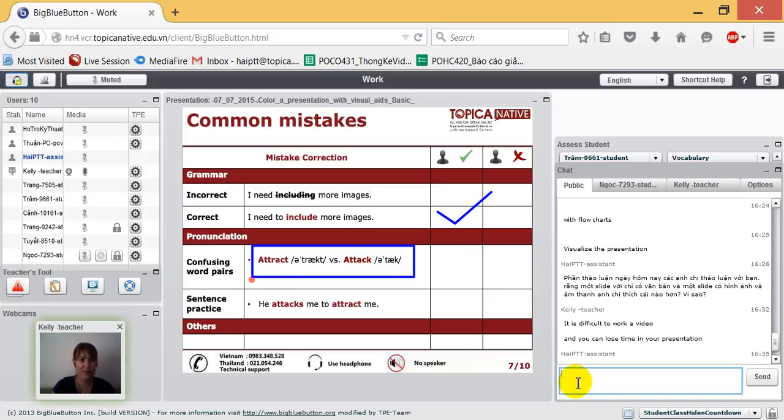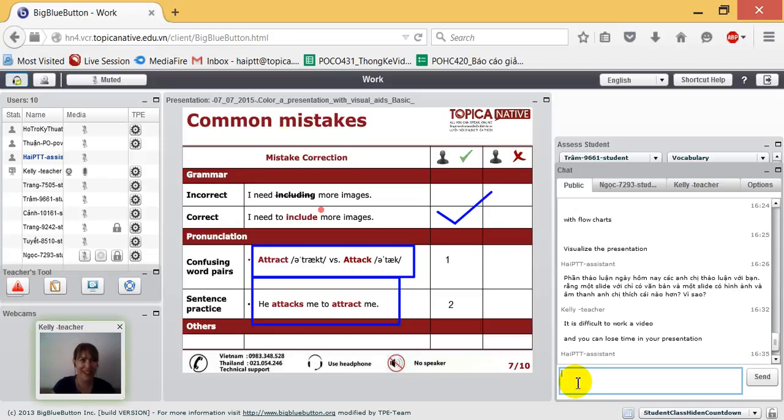So I would like each of you to first read the two words, then follow it up with the sentence, which is, he attacks me to attract me. That's not a very good way to do it, but that's okay.